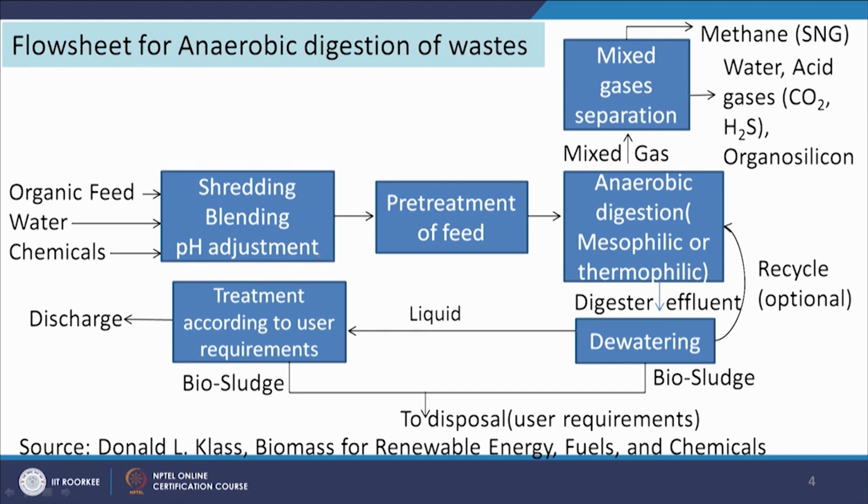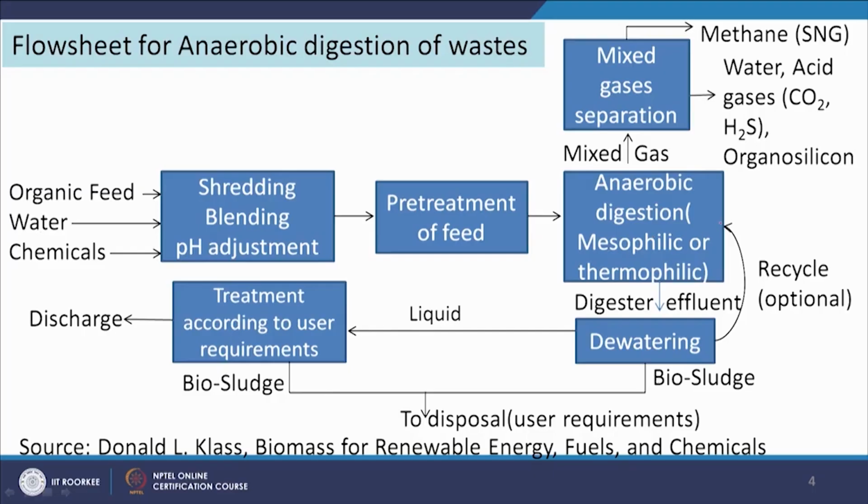The steps will be similar: shredding, blending and pH adjustment, and then pre-treatment of the feed, depending upon the nature of the compounds present in the sludge as well as in the other biomass or materials we are using with it. After that pre-treatment the material will come into the anaerobic digestion chamber, and mesophilic or thermophilic conditions will be maintained.